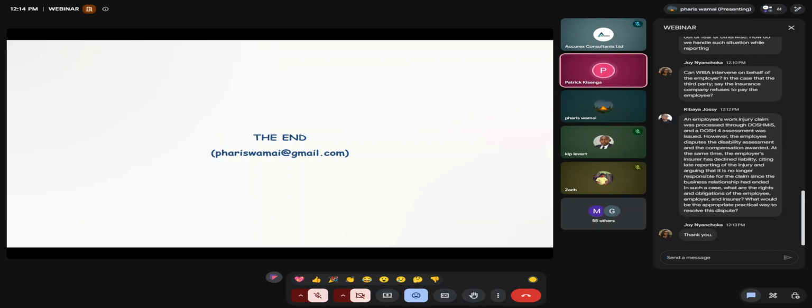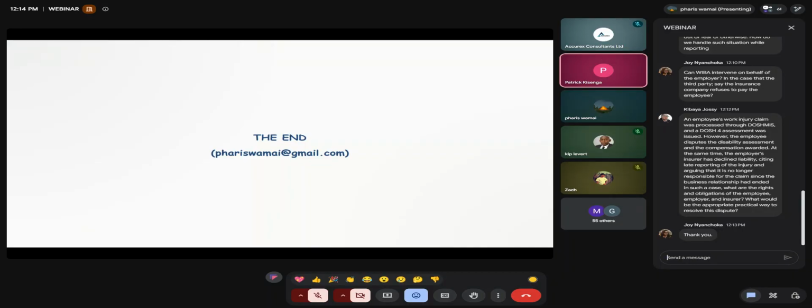I mean, we went to our DOSH approved doctor who approved 5% incapacity, and we took it to DOSH. They did the calculation. WIBA 4 was sent to the insurer, but the insurer declined.